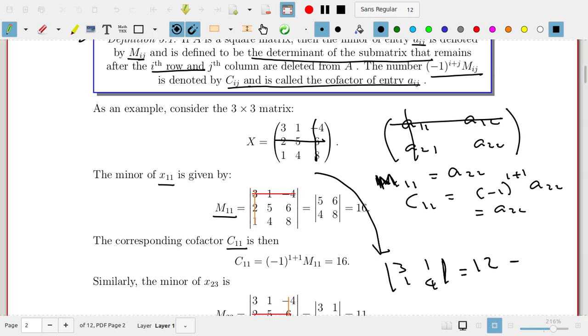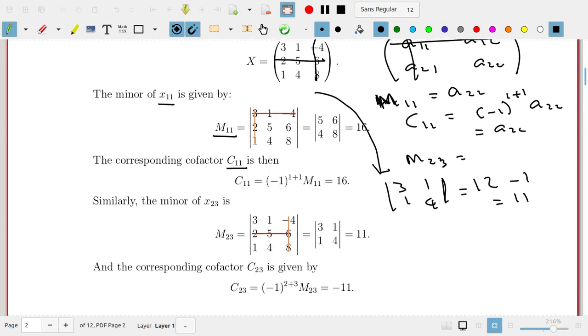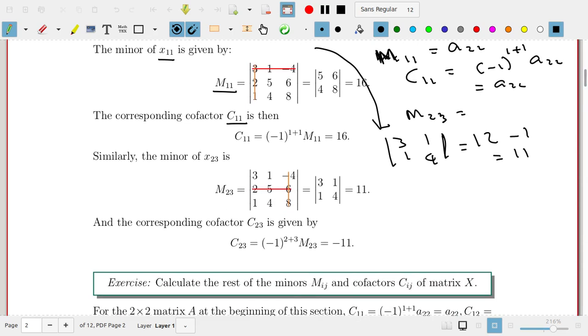That is 12 minus 1, so this is M23, which is 11. And of course the corresponding cofactor is minus 1 to the 2 plus 3 times 11, which is minus 11. So notice that the cofactor equals either the corresponding minor itself, or the negative of the minor.